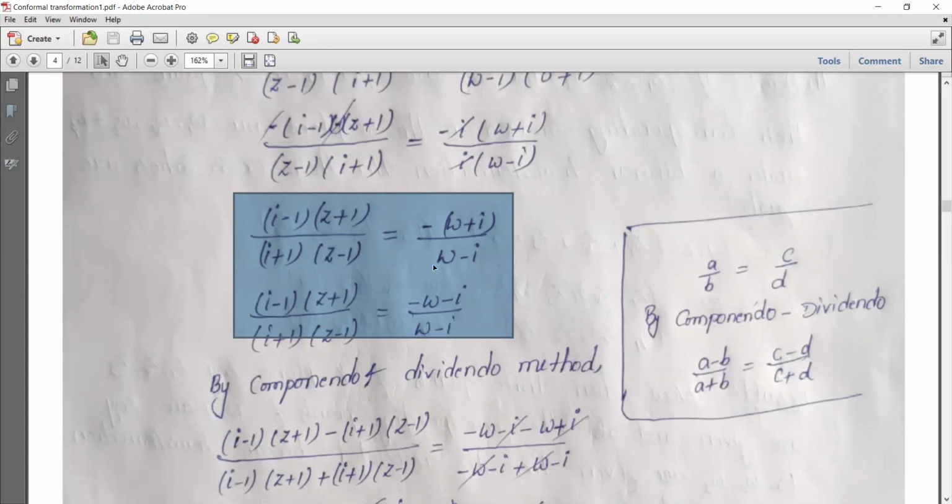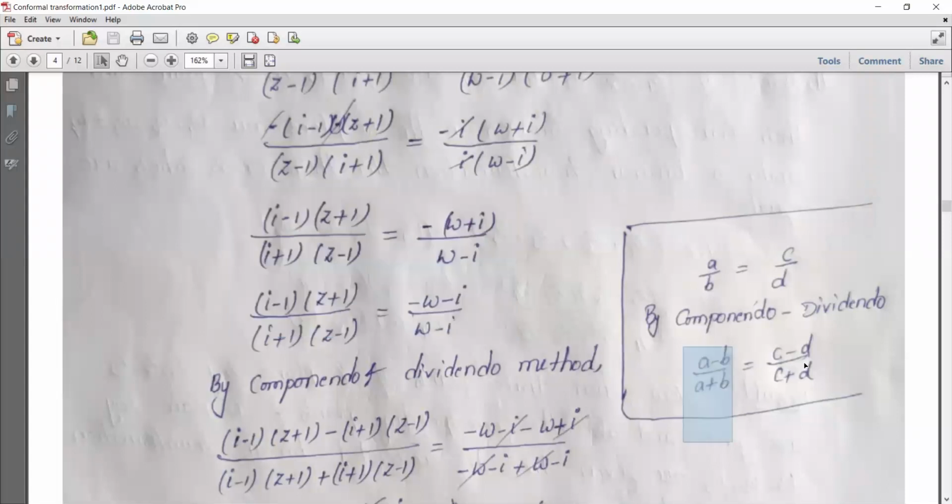But still we need W in terms of Z. That's why we use the basic property, componendo dividendo. What is that property? When you have a ratio like A by B equal to C by D, this componendo dividendo formula helps us write that ratio like this: (A minus B) by (A plus B) is equal to (C minus D) by (C plus D).